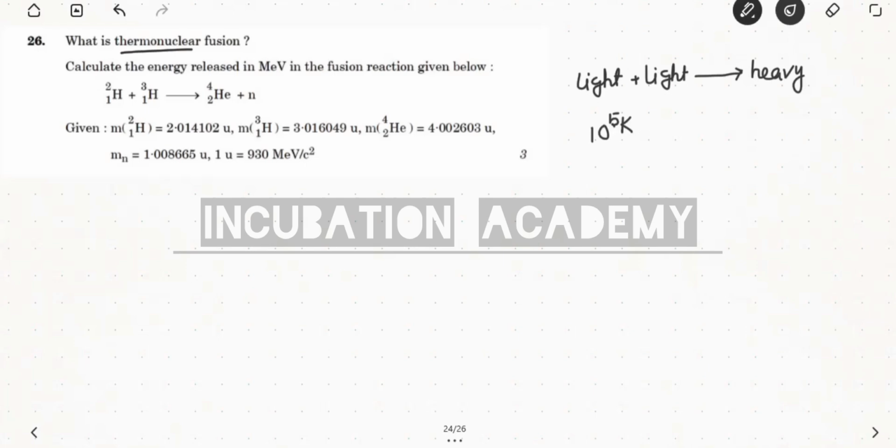So if we want to raise that level of temperature, then what do we have to do?